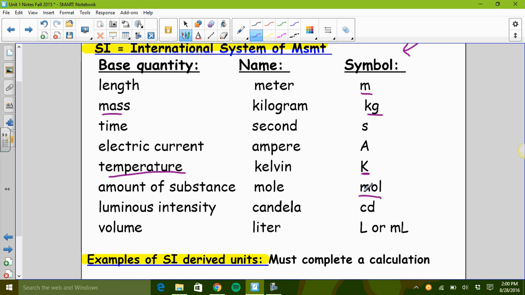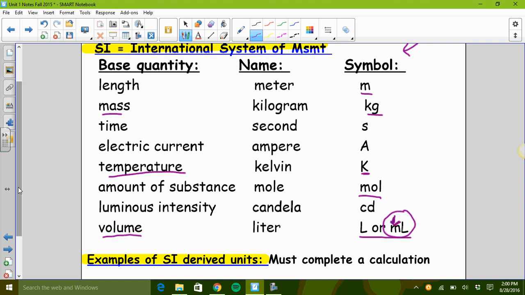Mole will be a common unit for us in a couple of chapters. And lastly, volume. So liters or milliliters can be used. The liter and milliliter denote a unit of volume. So all of these here, you can see they only have a single unit. Now it might be milliliter, but it's still just the unit liter with a prefix milli in the front.